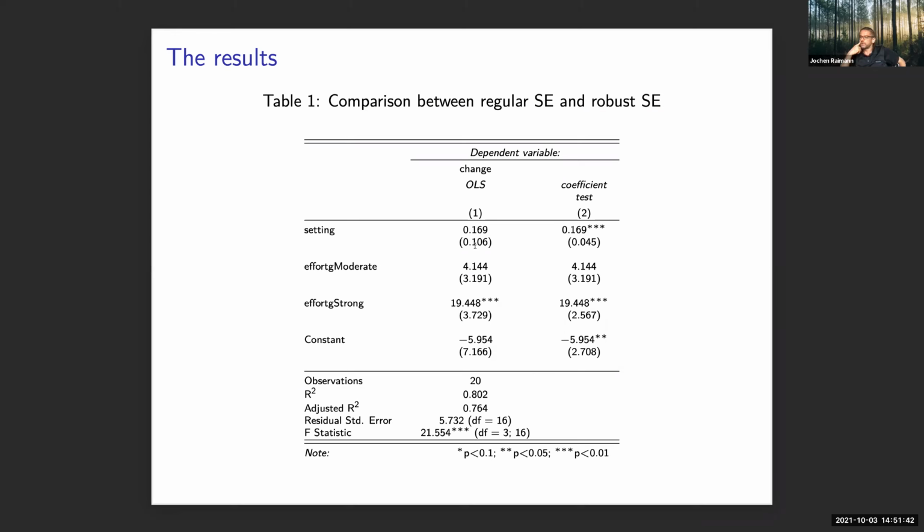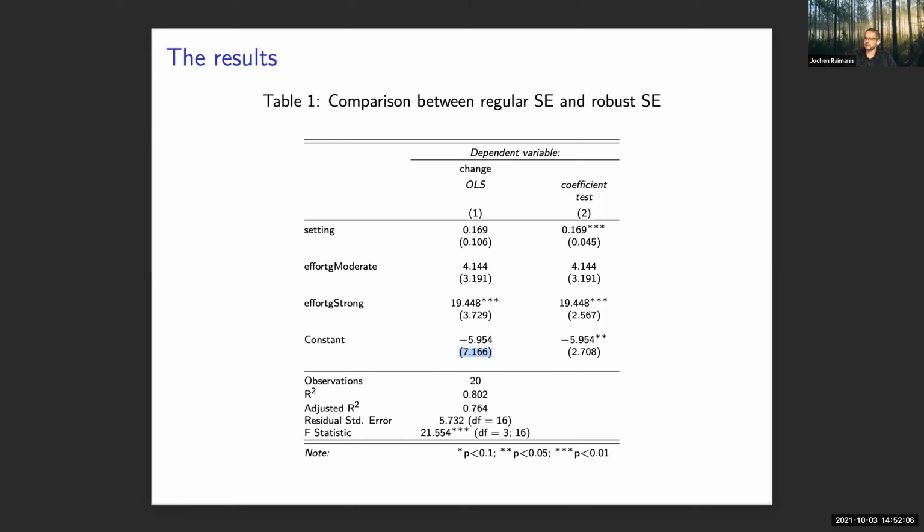If you use a regular model using ordinary least squares estimation, you come through 0.169 to 4.144. You're coming down to comparable estimates, except for setting. So there's a difference, and with the intercept there's a difference.